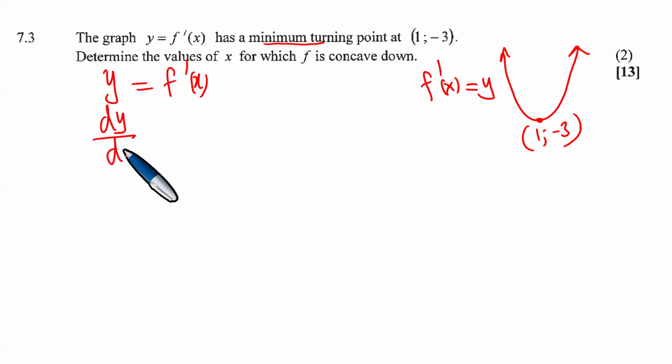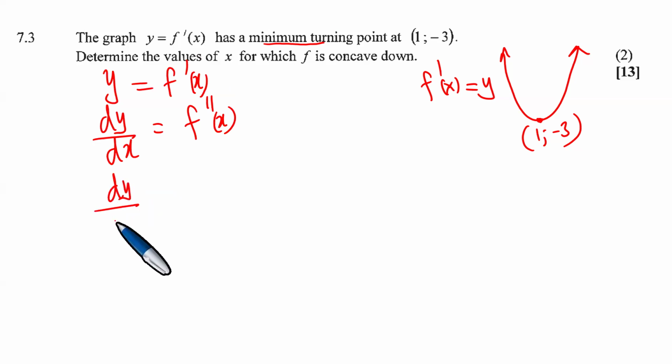Then dy dx is f double prime of x. So you can find the derivative of this, because if you're given a function, then you can find dy dx of the function, and the function is f prime of x, so the derivative becomes f double prime of x.